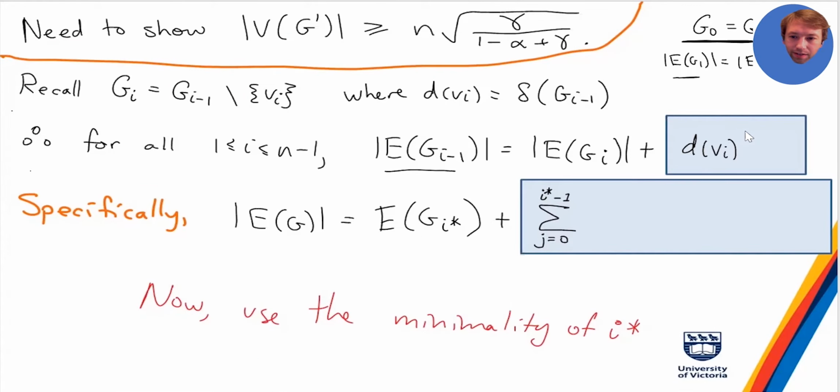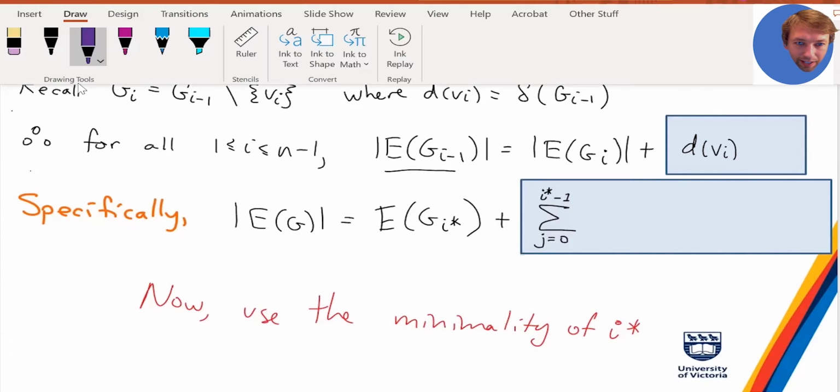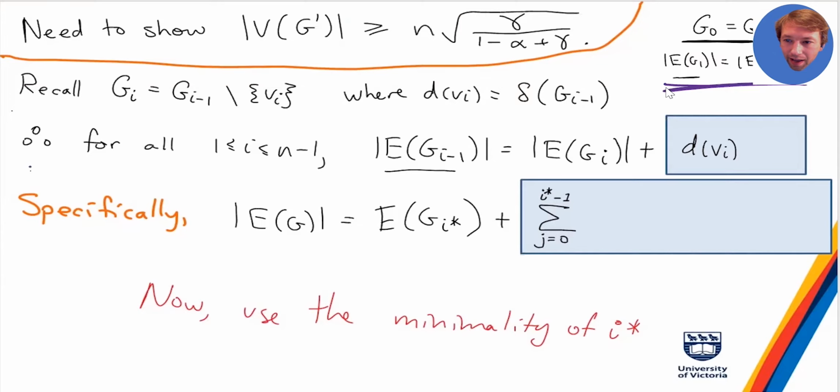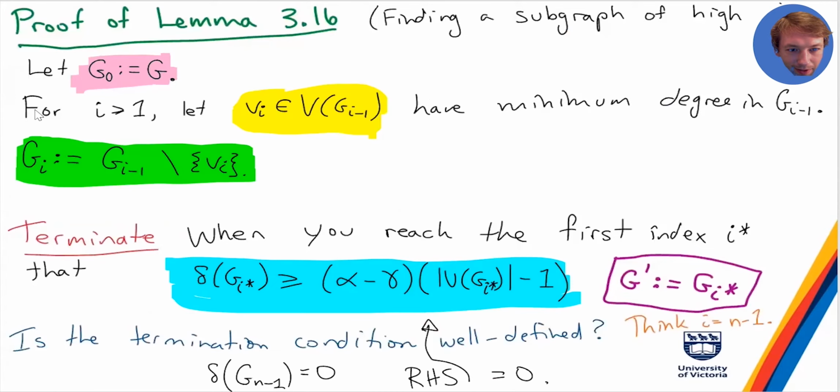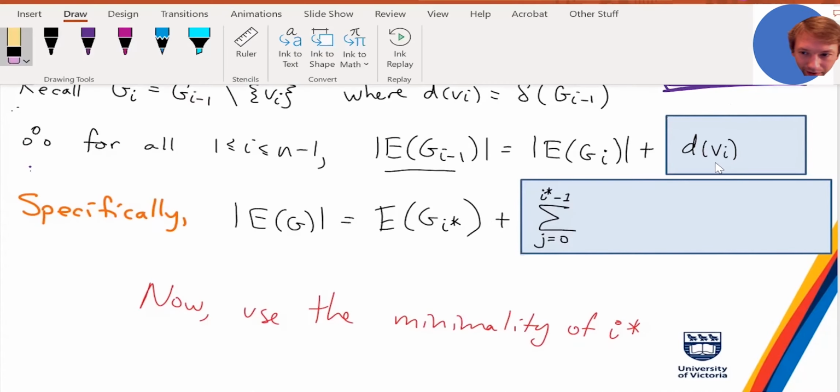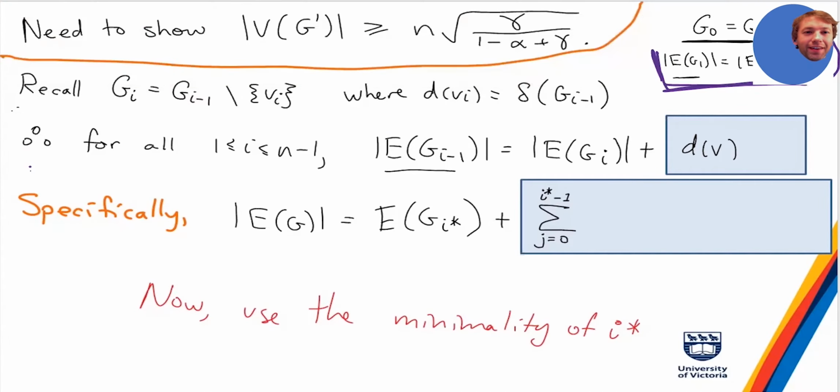Vi is the vertex you delete from G_{i-1}. All I'm doing is taking this equation for general i and rearranging. Yes, thank you, this should be an i minus 1. I think that's going to make my next equation make more sense.